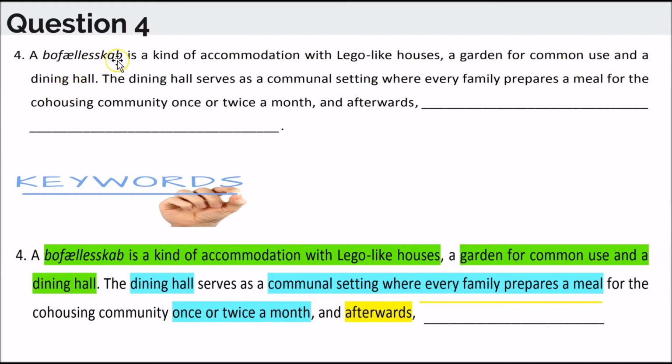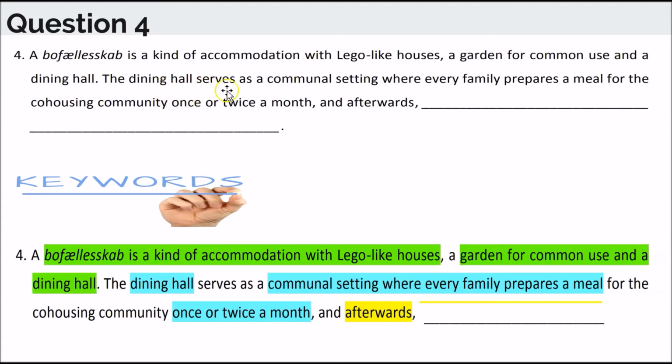So we need to find this explanation or this definition. And after the first sentence comes the second sentence in which they explain what they do in this community. The dining hall serves as a communal setting where every family prepares a meal for the co-housing community once or twice a month, and afterwards they do something else.